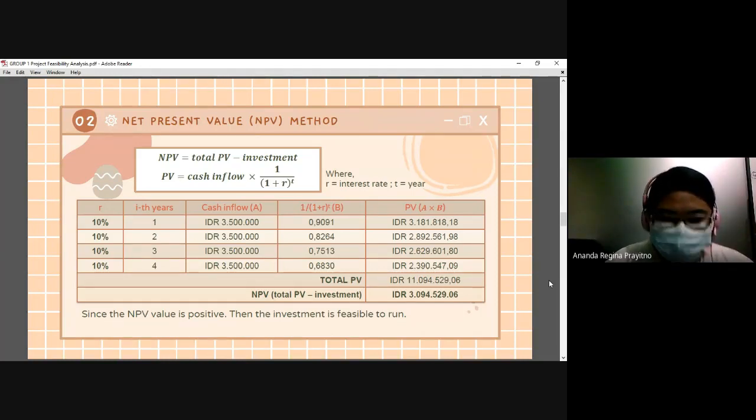We get the total present value of 11,094,529.06 rupiah, and we get the NPV of 3,094,529.06 rupiah. Since the NPV value is positive, the investment is feasible to run.